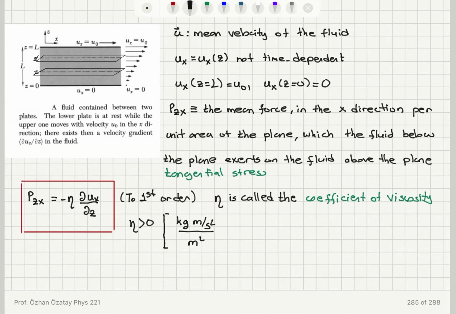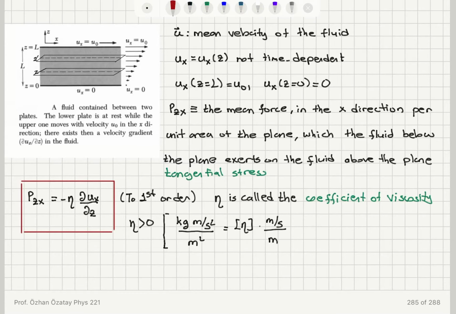This is going to be equal to the dimension of eta, multiplied by the change in speed per length, meter per second divided by meter.